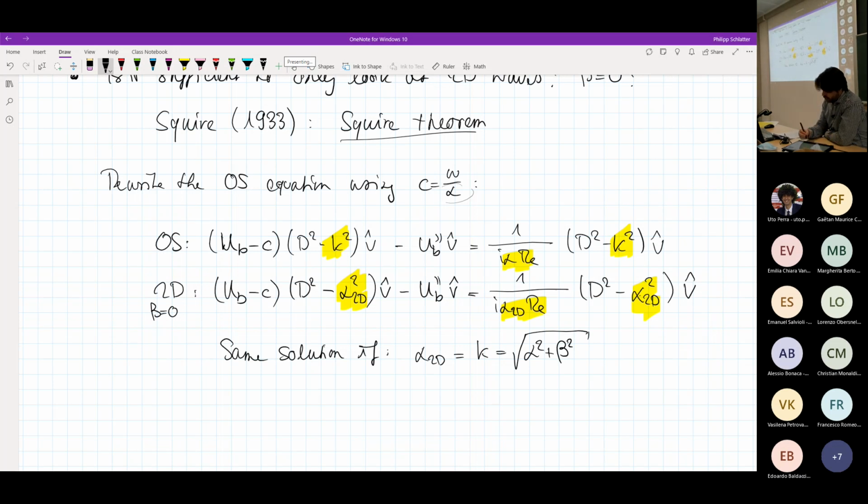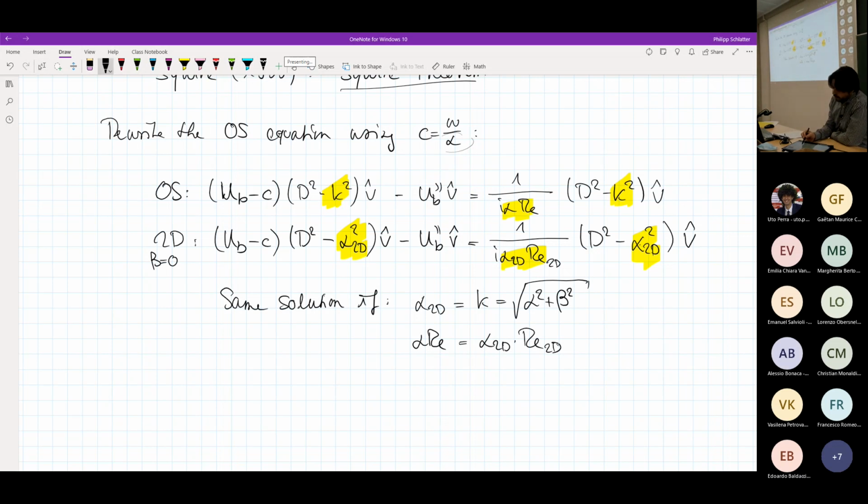And I need to match alpha times Reynolds, which needs to be the same as alpha 2D times Reynolds. Well, actually, I should maybe call this Reynolds 2D.